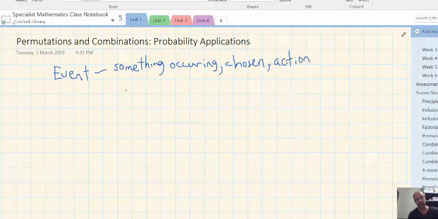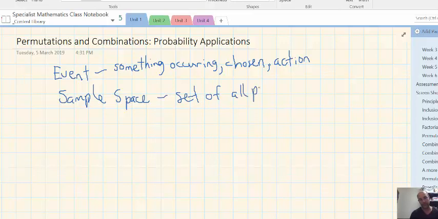It's a little bit different to the general word event, and you've probably seen that before. Sample space is another one, and it's basically a set of all possible outcomes. Okay, so these are things you should already know.